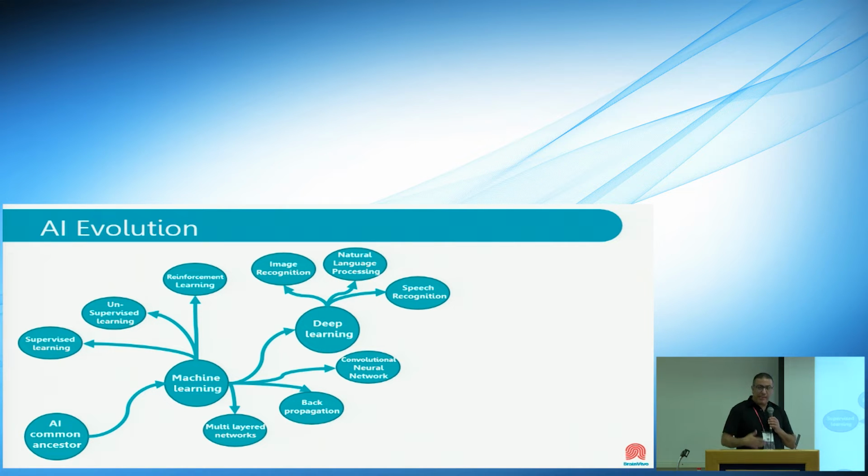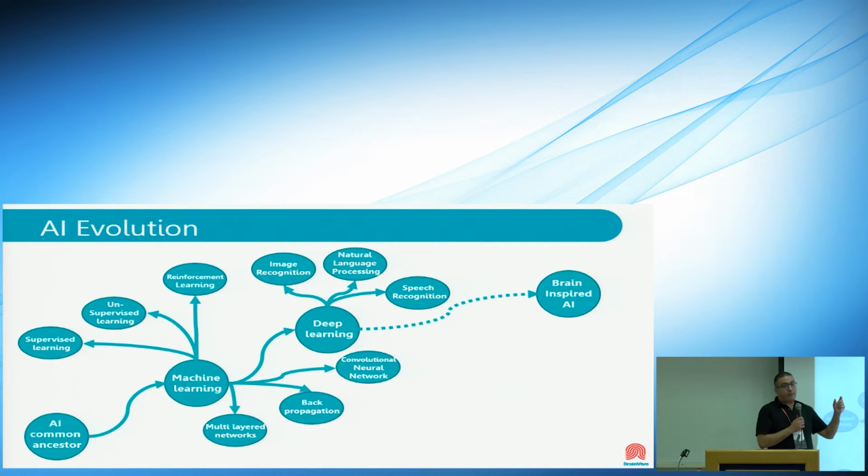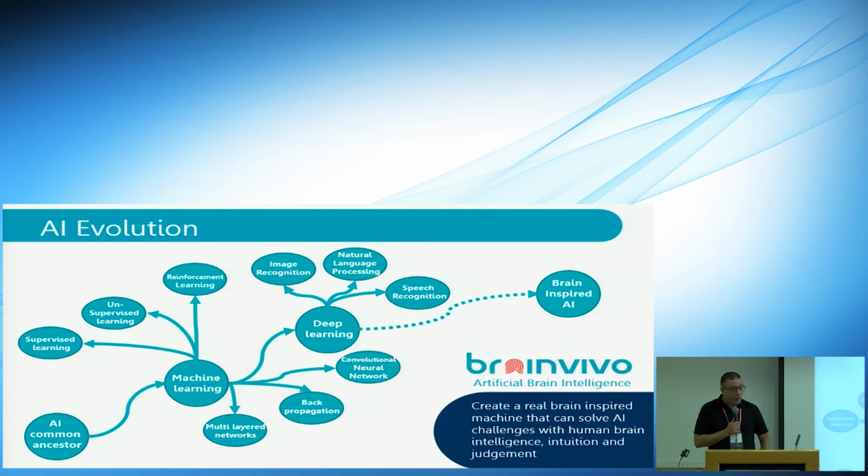And there is an idea that is coming around in the neuroscientific and also in the computer science communities that at the end we want to do something that will be brain-inspired AI, because we know that our brain has capabilities that are still far from being achieved by any artificial intelligence platform. And this is what we do in Brainvivo.